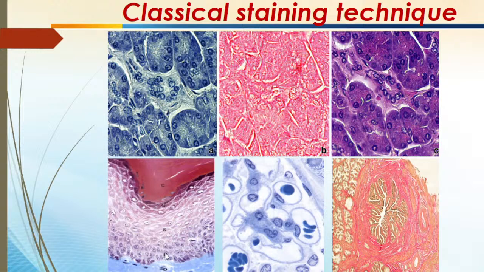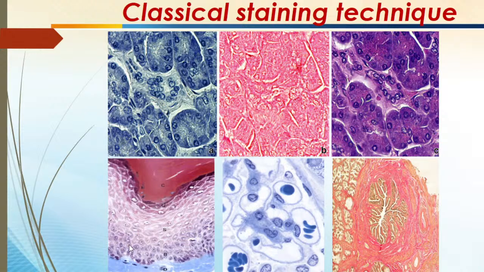Another special method is also present here, the trichrome stain by Masson. The trichrome stain by Masson, as we see here, very well identifies different types of tissue. Blue is connective tissue, loose irregular connective tissue.